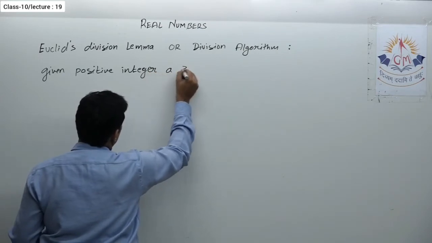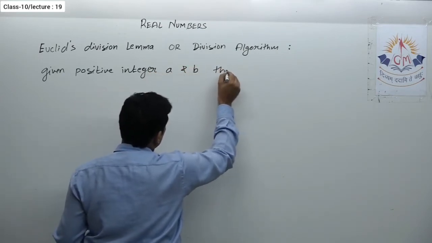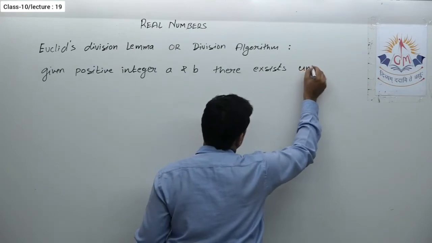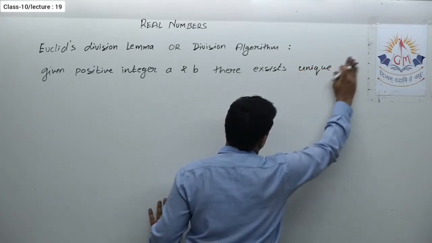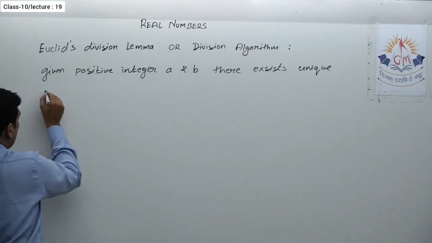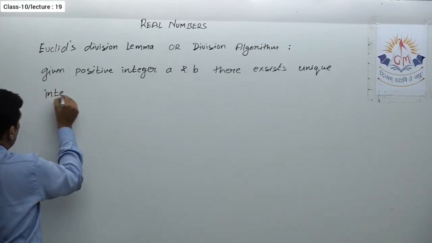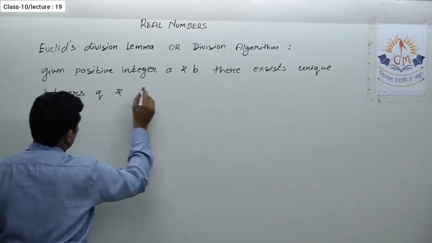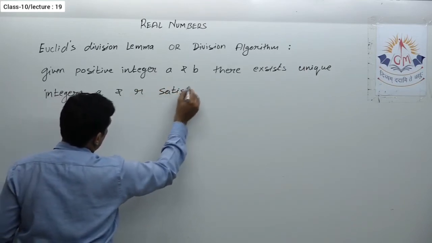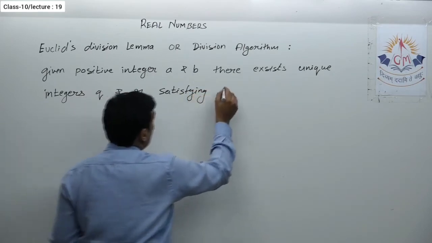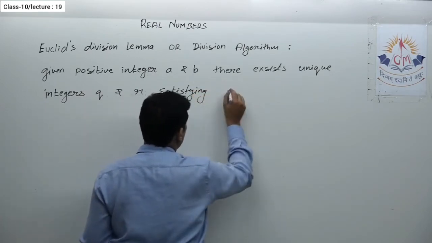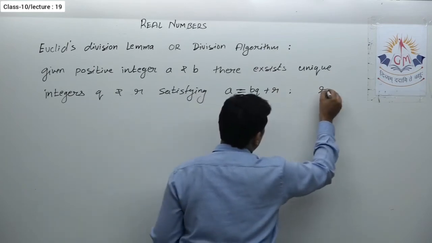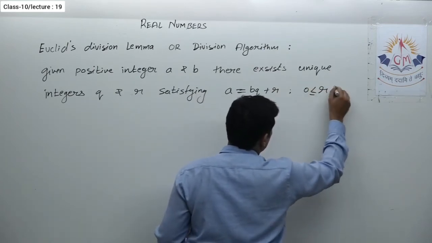Given positive integers a and b, there exist unique integers q and r satisfying a is equal to bq plus r, where r is greater than or equal to 0 and less than b.